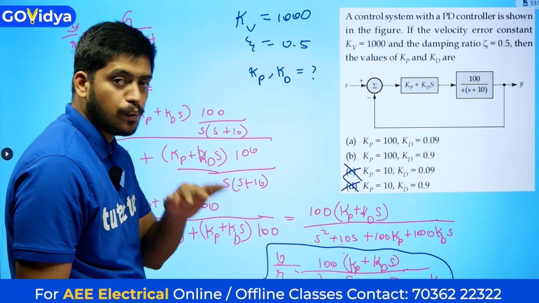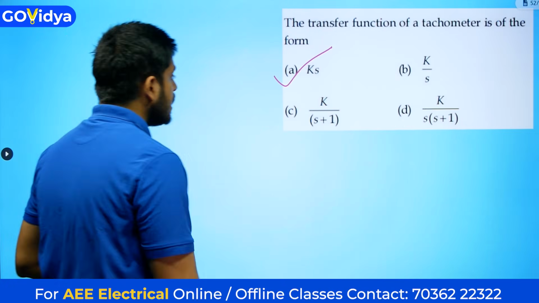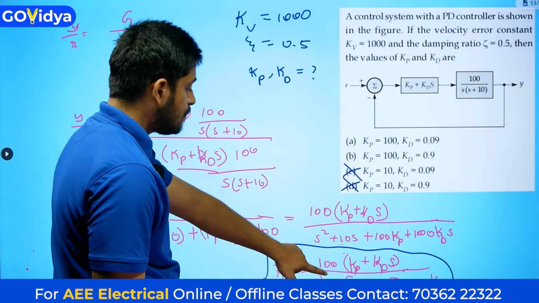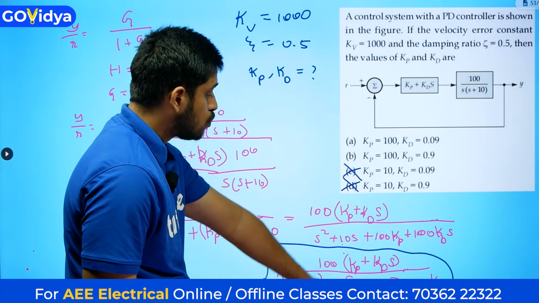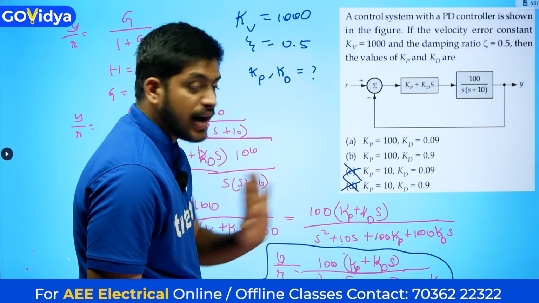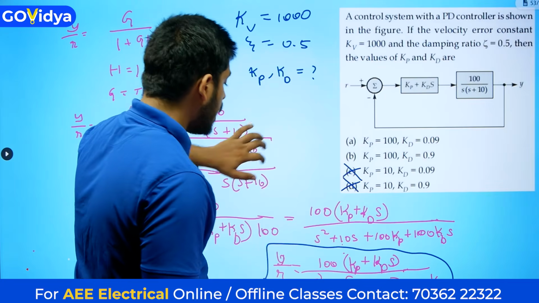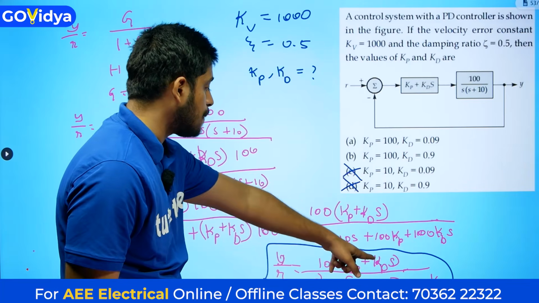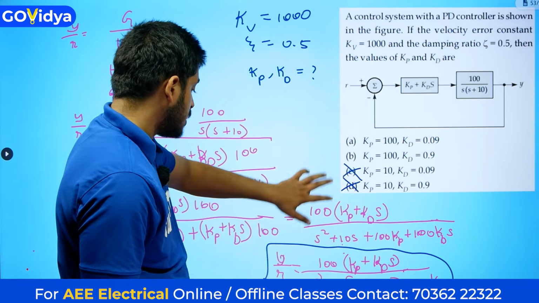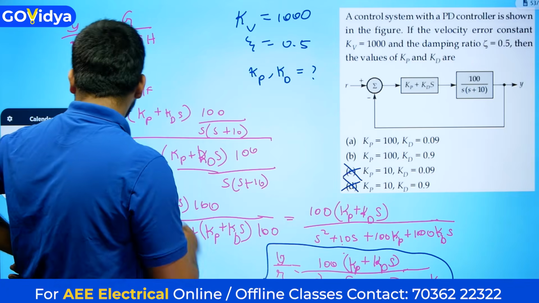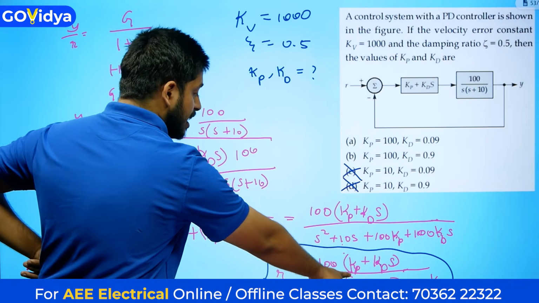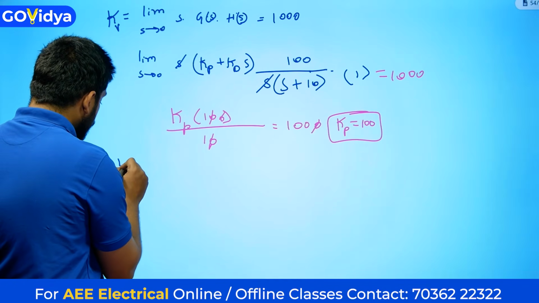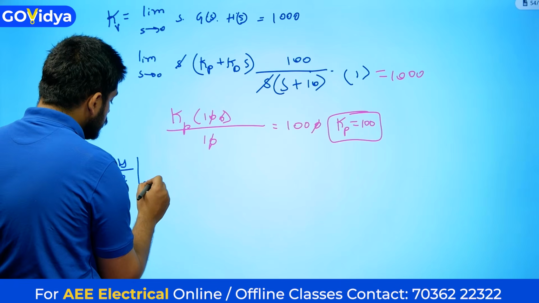It is 0.09 or 0.9, we will see. How to find Kd? See, previously we found the equation, which is represented as s square plus 2 zeta omega n s plus omega n square. From here we have already found Kp as 100. Substituting this here, and the condition is s equal to 0, we will get y by r for s equal to 0.